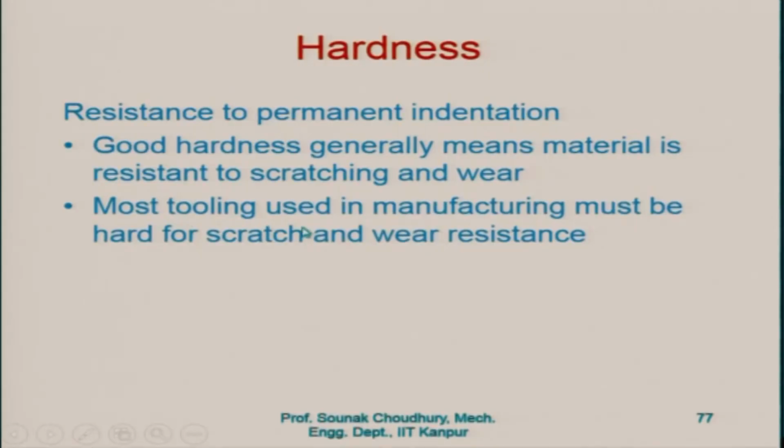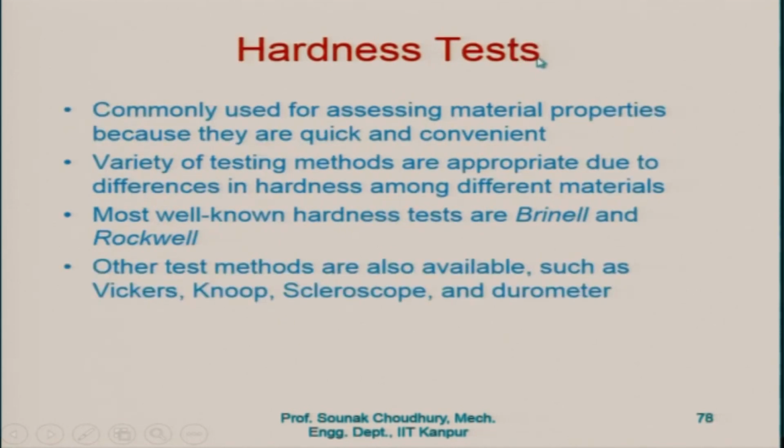Most tooling used in manufacturing must be hard for scratch and wear resistance. As I was telling, there should be less wear so that the tool life could be very high, which we will discuss in machining. Hardness tests are commonly used for assessing material properties because they are normally quick and convenient, and you can quickly find out the hardness of a particular material.